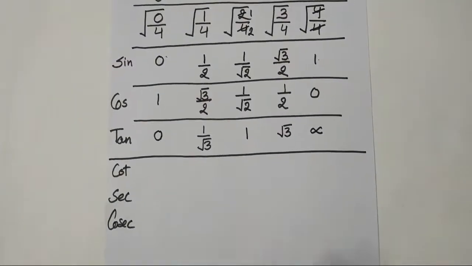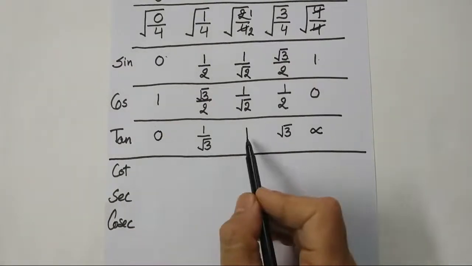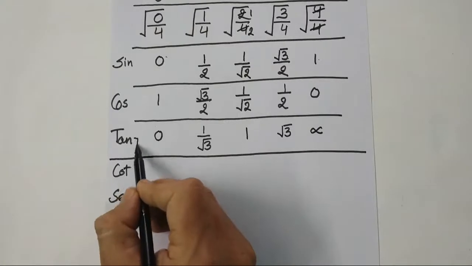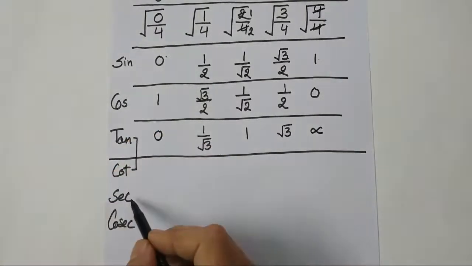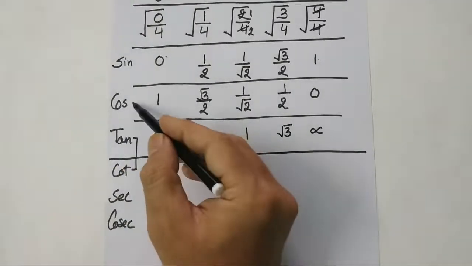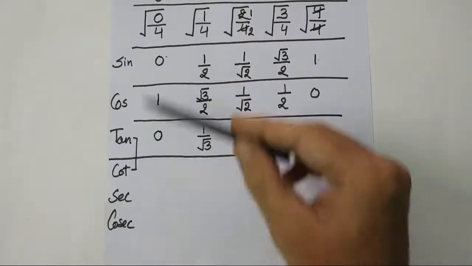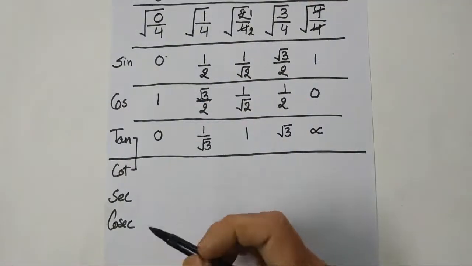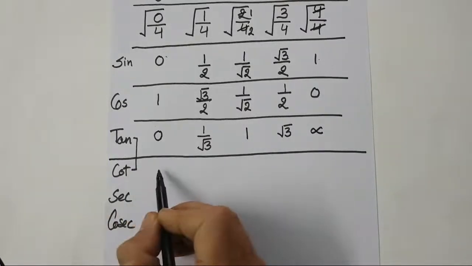To find cot, you take the reciprocal of tan. Cos and sec are reciprocals, and sine and cosec are reciprocals. So you have to just take the reciprocal of this and you will get the answer.